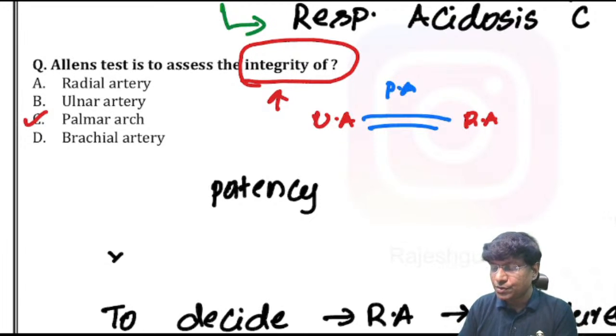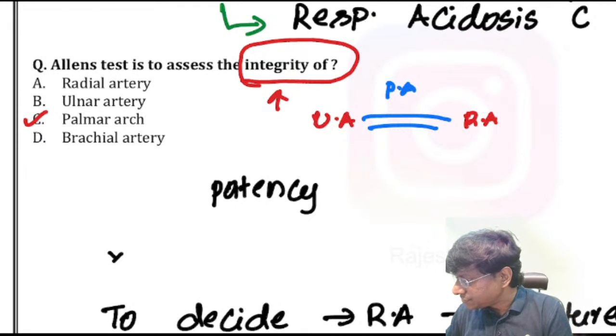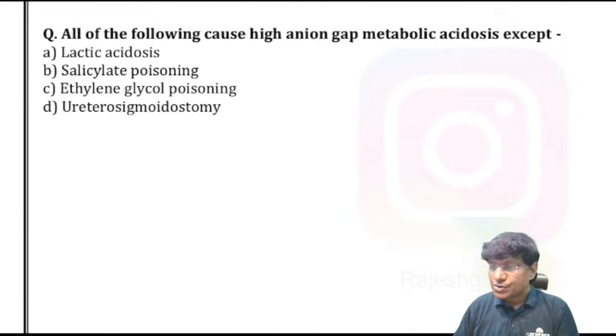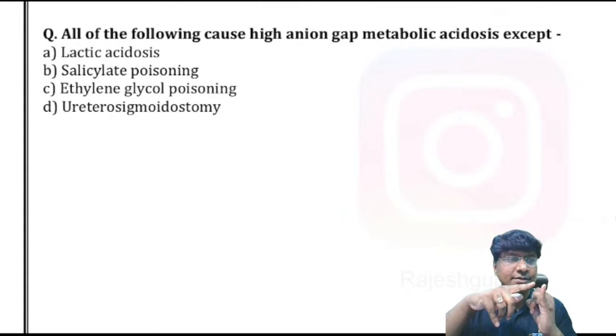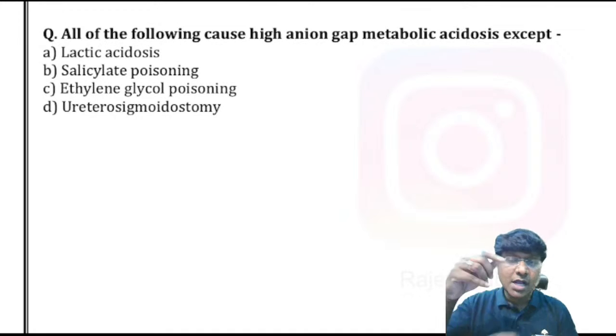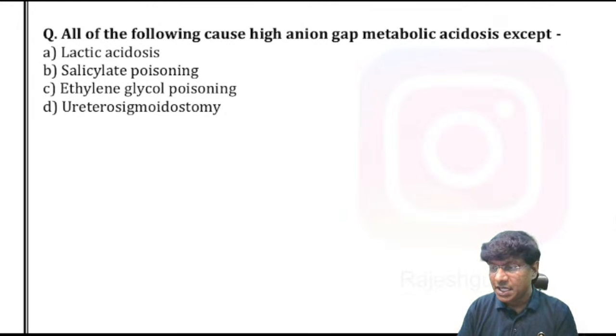In the anion gap, I will be discussing the corrected anion gap, then the anion gap as such, then I will discuss the delta gap, then how to make out whether it is an acute or a chronic event. Let me discuss all these now.